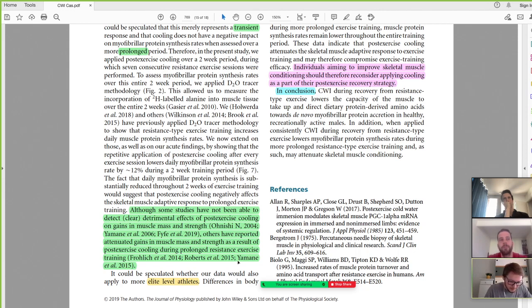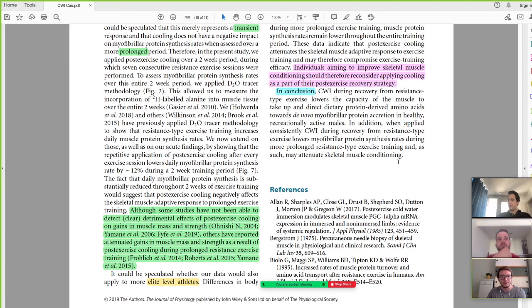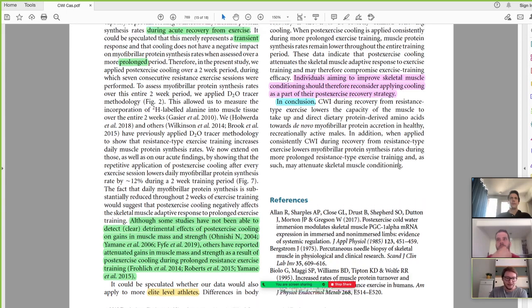Okay, nice. I think we can go to the next paragraph, which is on looking at whether these data, so these are recreational athletes, would also apply to elite level athletes.